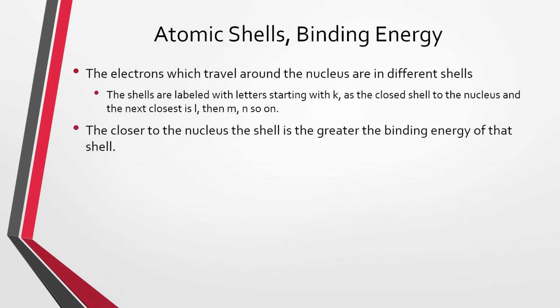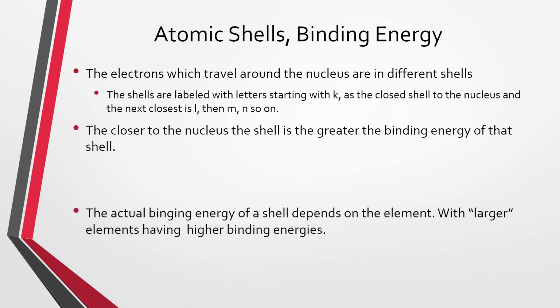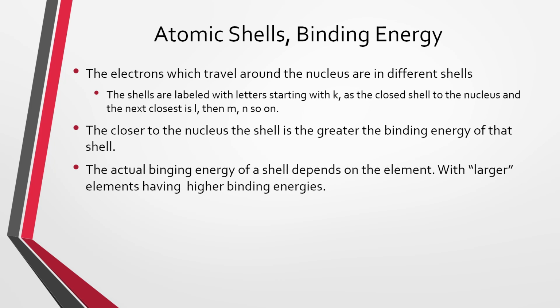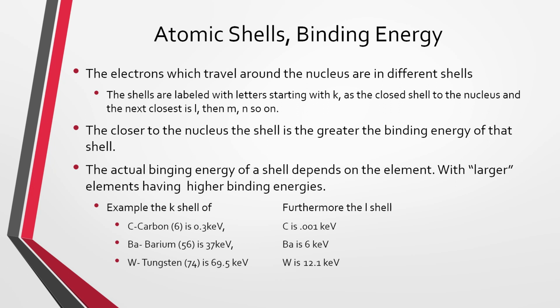With this, the closer to the nucleus the shell is, the greater the binding energy of that shell. The actual binding energy of the shell depends on what element it is, with larger elements having higher binding energies. Here are some examples.